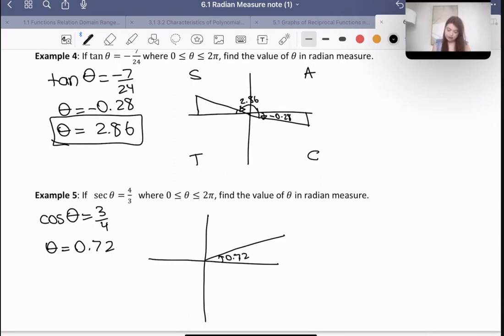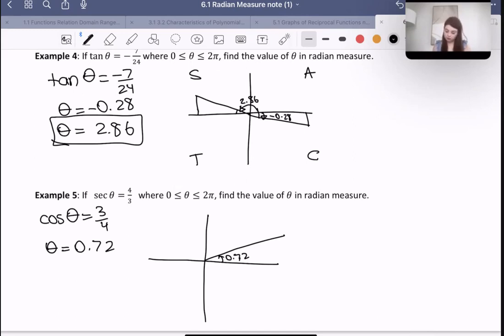Okay, there is one other good answer that I would accept as well. So this is a good answer, first of all, because it is within our domain. The other good answer is, let's say that we said, well, wait, we would also have cosine being positive in quadrant 4.